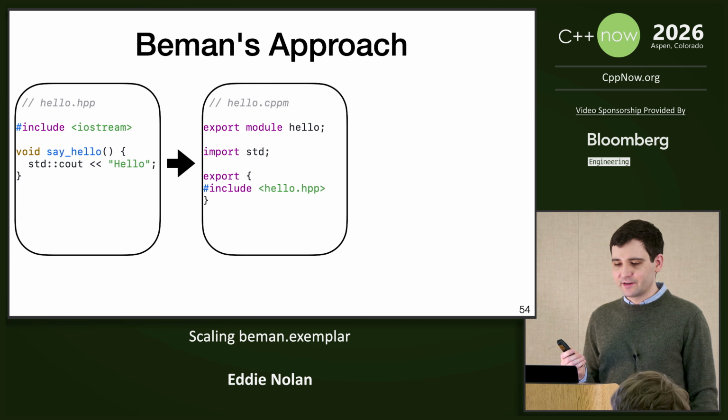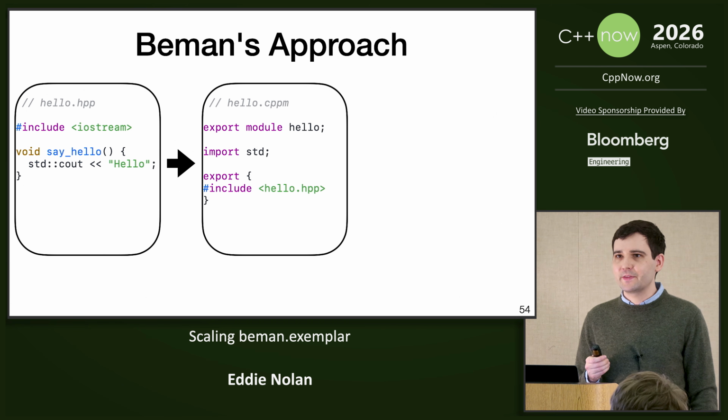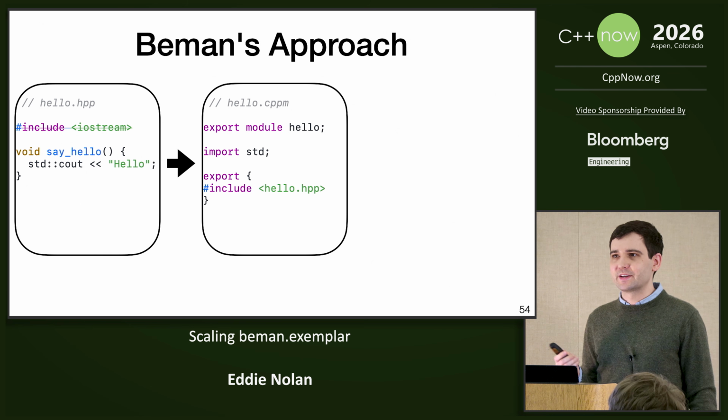And then it's actually just going to include hello.hpp within this export statement. And that just essentially copies the entire implementation of hello into what that module exports. There's one change that we need to make here, which is that because we're using import std, we need to ifdef out this iostream include because of the aforementioned compiler problems.